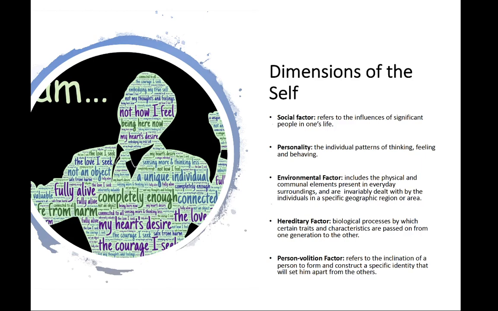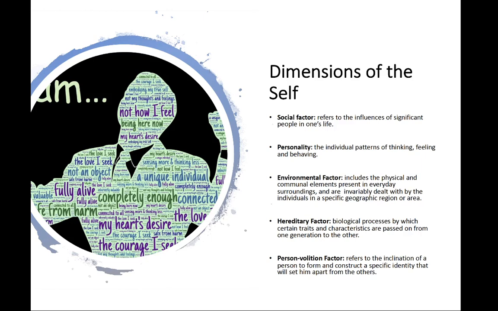make one a sociopath. Now, the fourth factor is the hereditary factor, which describes the biological processes by which certain traits and characteristics are passed on from one generation to the other. As we discussed earlier, heredity is a biological process by which certain traits and characteristics are passed from one generation to another.